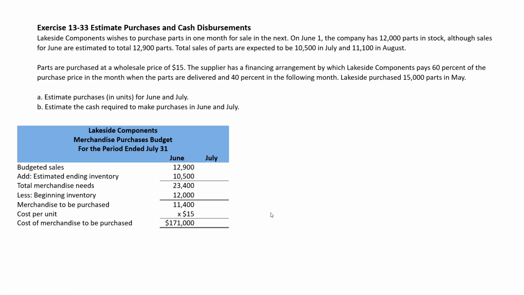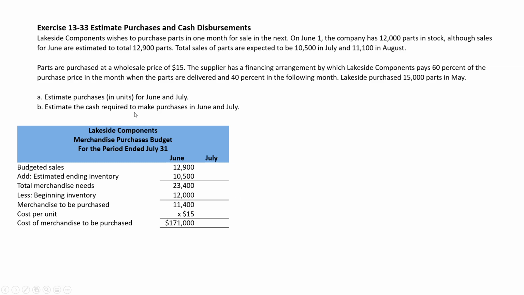I'm not going to necessarily spend that amount. That's just the value that I want to purchase. And the reason why I caught myself is there's a financing arrangement whereby they pay 60% in the month they actually purchase the parts and 40% in the following month. So 60% of this 171,000 would get paid in June. The other 40% would get paid in July.